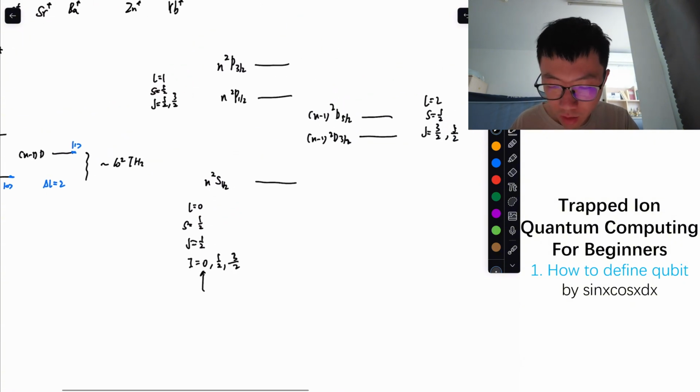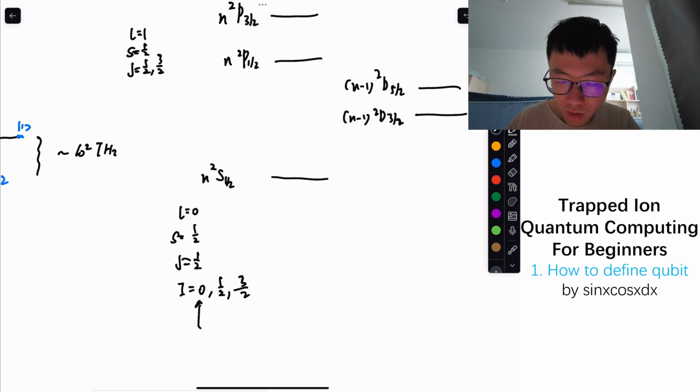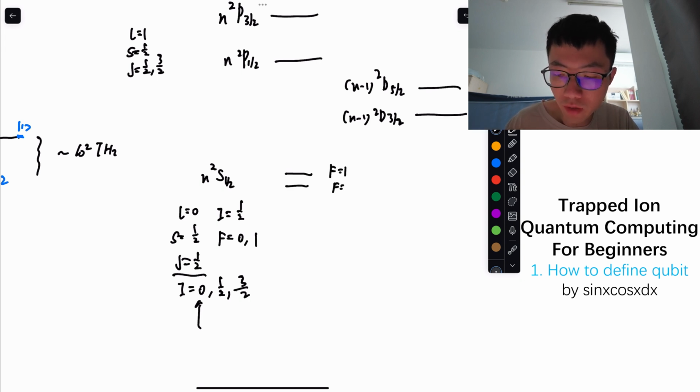Okay, if I is 1/2, for example, here if I is 1/2, J also 1/2, then F could be either 0 or 1, right? So this could be further split to these two states, F equals 1 and F equals 0. And if we consider the Zeeman effect, this causes a split to 3 sub-levels, okay? 3 Zeeman levels.